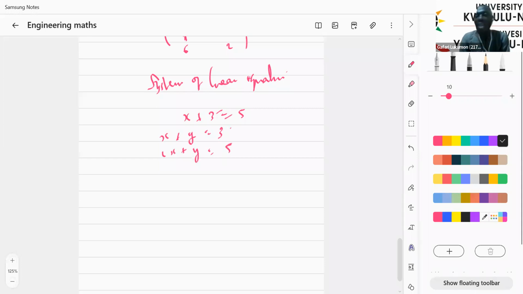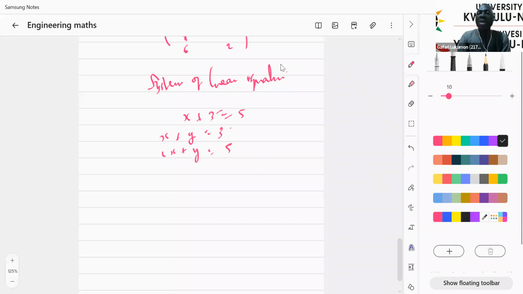You can see both of them are 2 linear equations in 2 variables. So it is linear equations in 2 variables, and our variables here are x and y. I hope you understand now.